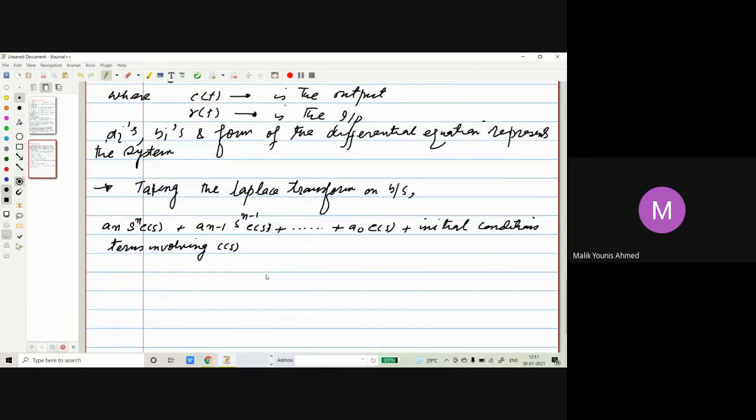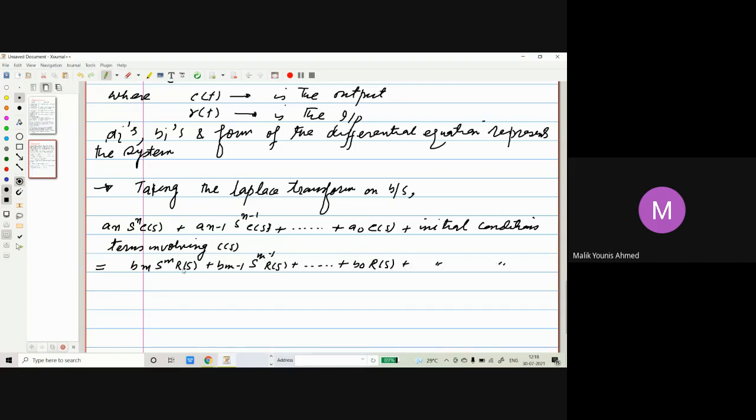So next, this will be equal to Bm Cm R of s, R will be capital R of s, plus Bm minus 1 Sm minus 1 R of s, plus so on and so forth, B naught of R of s.